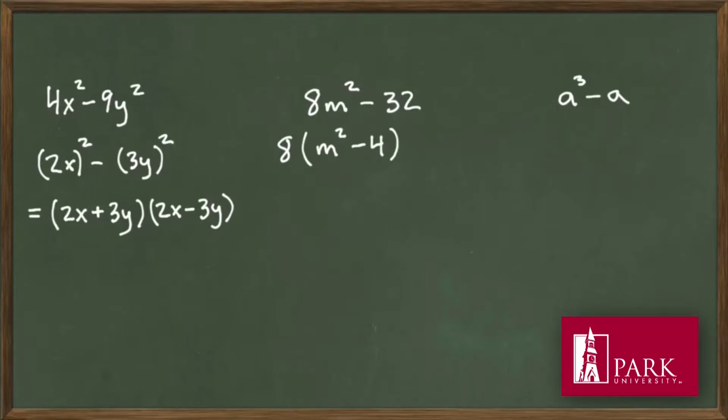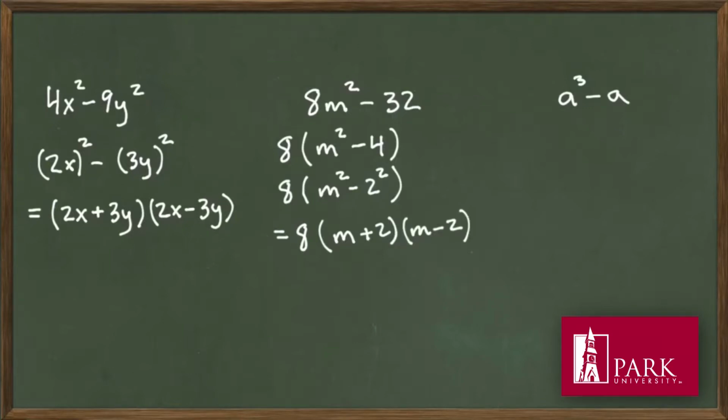And you'll notice that what we do have on the inside, m squared minus 4, is actually a difference of two perfect squares. So this can be written as 8 times m squared minus 2 squared. And now we can use our technique. So this will now equal 8 times the quantity m plus 2 times the quantity m minus 2.